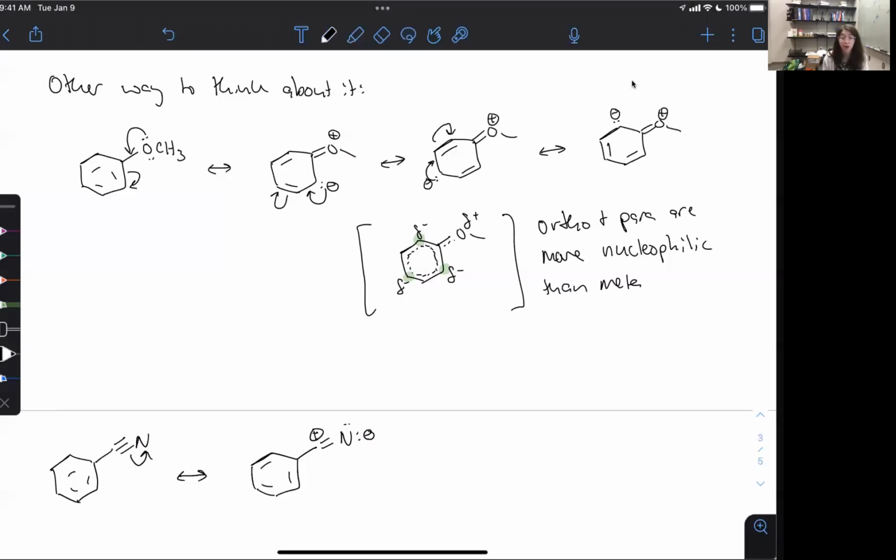Okay, so we have a positive charge. We can push electrons towards that. And this looks a little bit funky with a nitrile, but it's the same concept with a carbonyl or anything like that. It's just not going to look quite so weird and sp shaped. Okay, but we're going to have a positive charge right there.